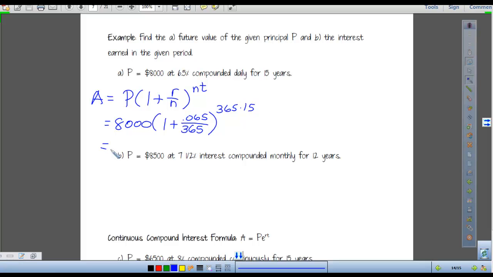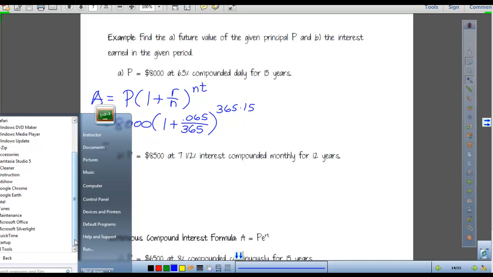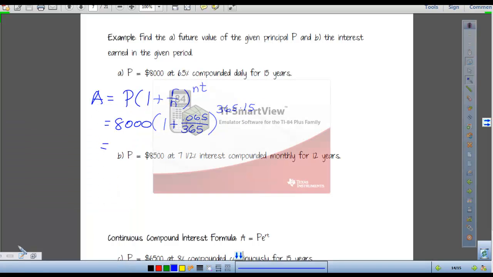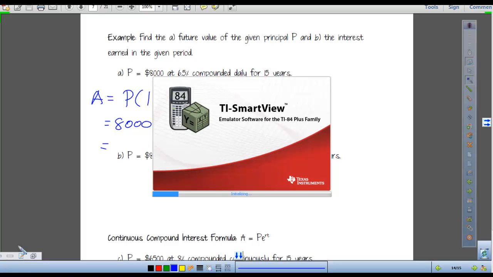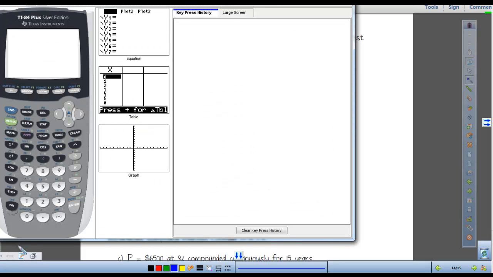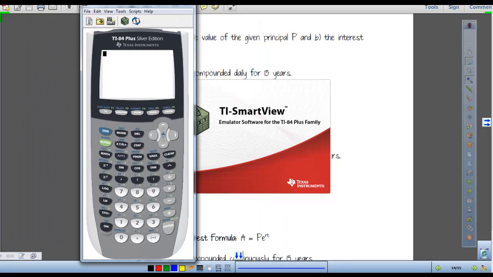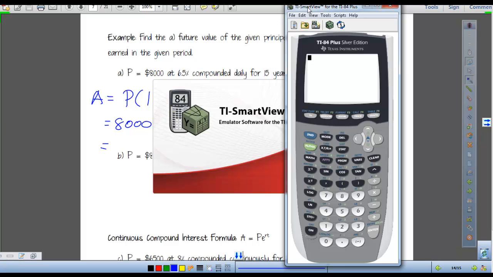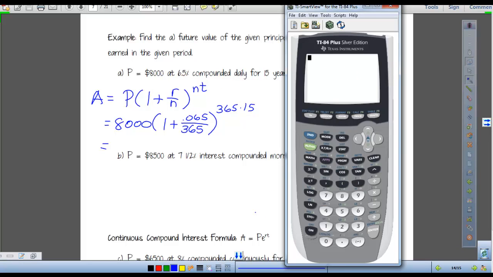Okay, put that in our calculator carefully. So we've got 8,000 times parentheses 1 plus 0.065 divided by 365 close parentheses, and that's what we're going to raise to 365 times 15.